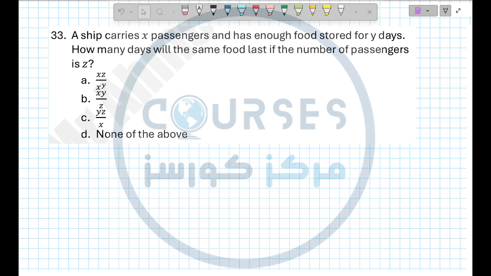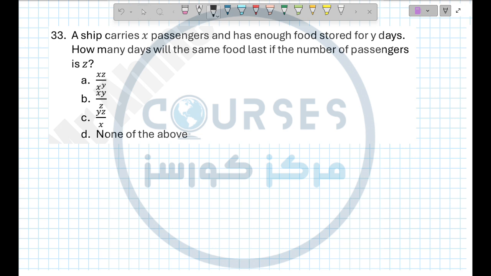The more passengers we have with the same amount of food, will the food last more days or fewer days? Of course, it will last fewer days, because more passengers means they are eating the food faster, so the fixed amount of food will remain for fewer days.